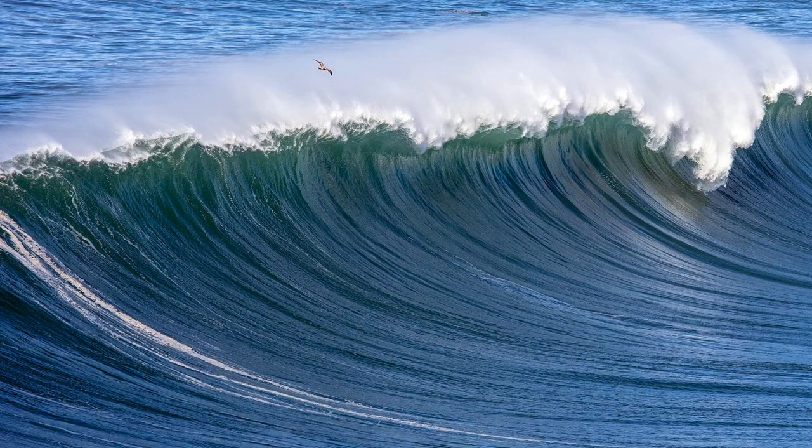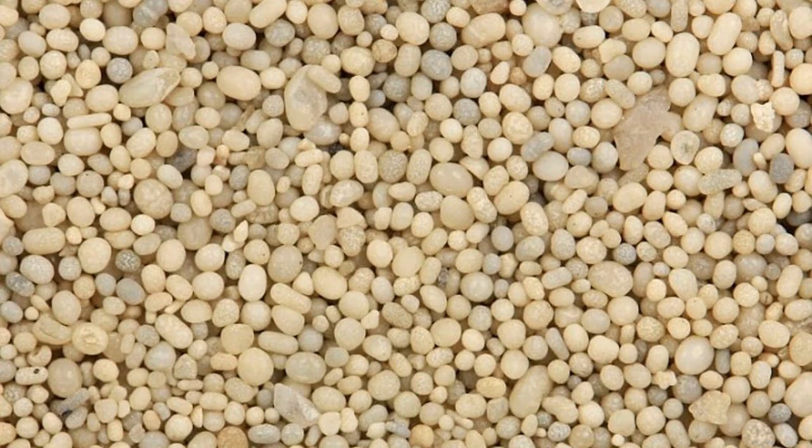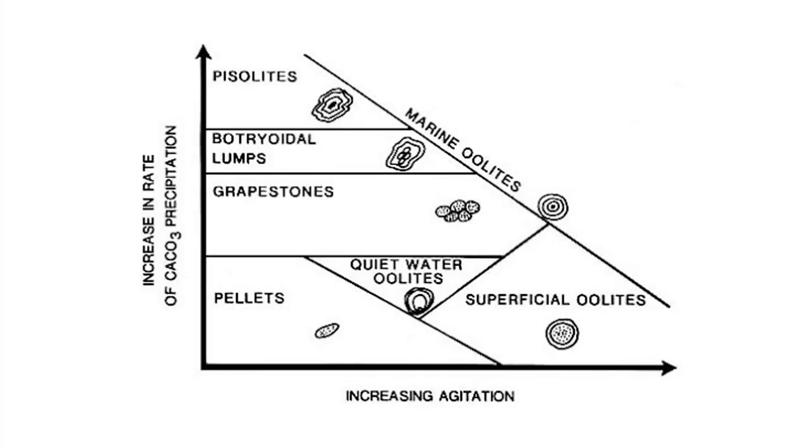It is thought that the waves agitate and circulate water, helping to supply calcium carbonate to the bacteria and ooids growing in sediment located beneath the surface of the water. In this context, oolitic limestone is thought to be a very good indication that a wave-dominated depositional environment existed in the past.